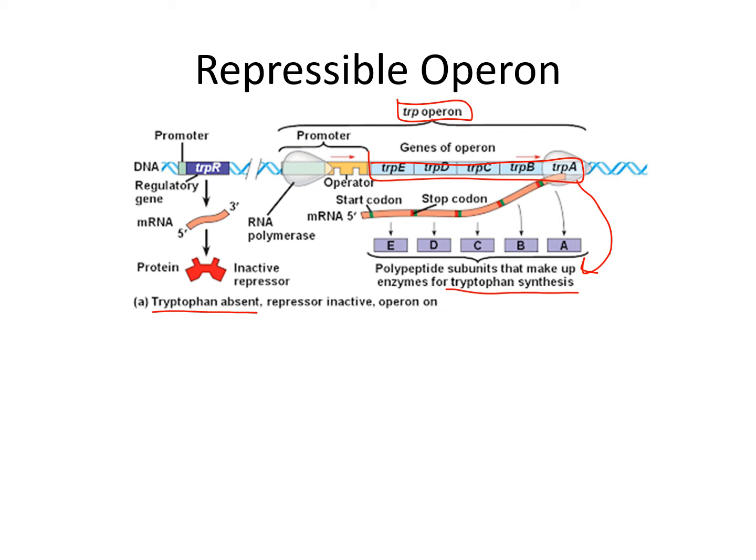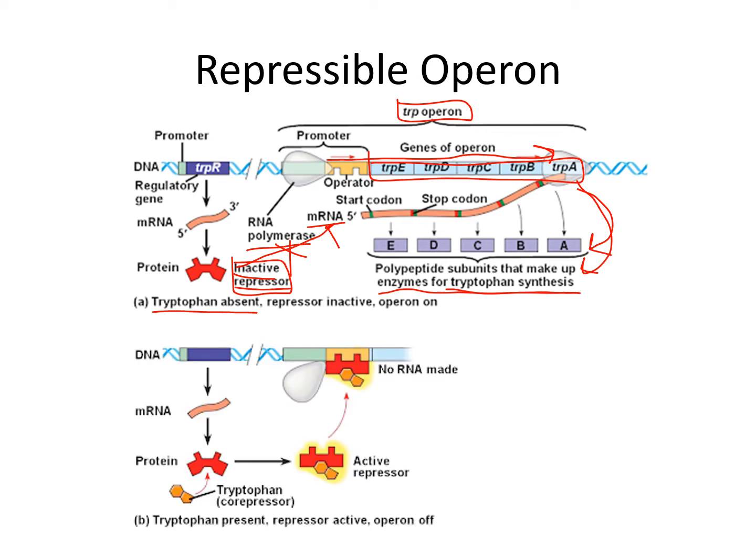So the repressor is in the inactive form. So when that repressor is made from the regulatory genes, it is automatically made in the inactive form. So because it is inactive, it does not bind to the operator. So the RNA polymerase is free to transcribe those genes into mRNA, then they get translated into proteins, and those proteins again are the enzymes that are synthesizing tryptophan.